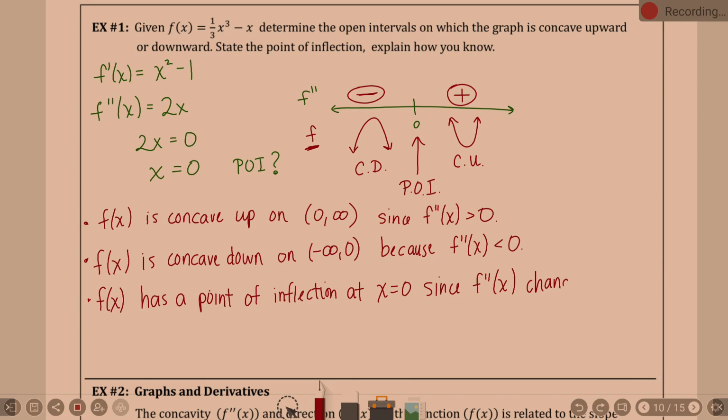Yes, it's because concavity changes, but what's proving the concavity changes? That's the sign change. So I have f double prime of x changes from negative to positive. I think you could do a generic changes sign because it wouldn't matter which way it changes.